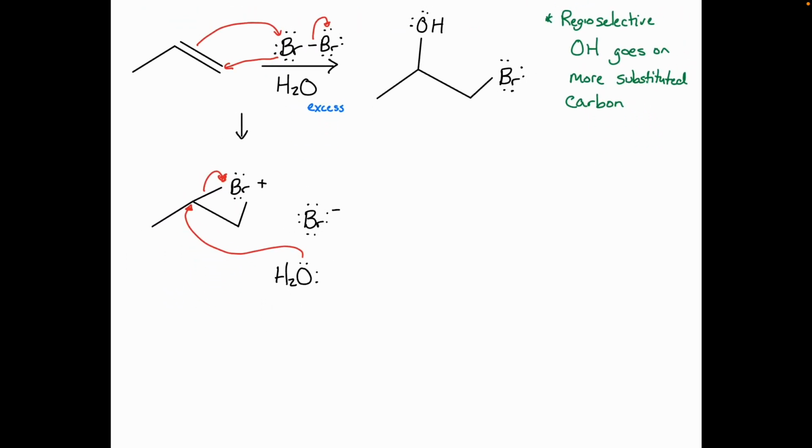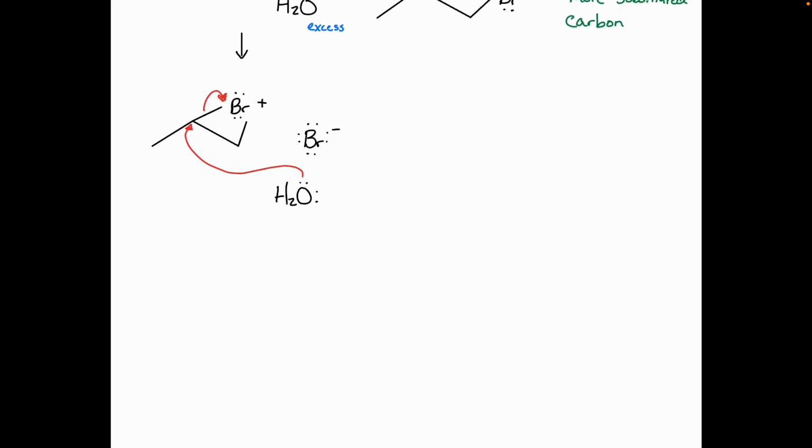We looked at these mechanisms before, and we were adding a bromine to either side. So we weren't really too picky about which carbon the nucleophile was attacking in our cyclic intermediate. But now I'm specifically drawing water attacking that secondary carbon instead of my primary carbon.